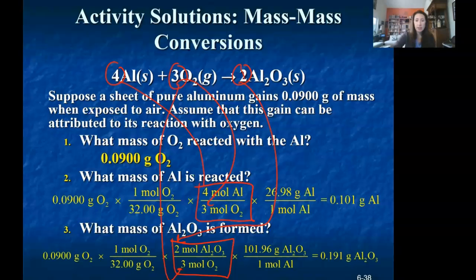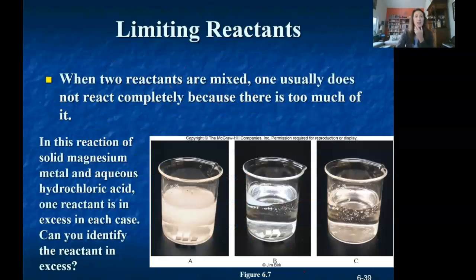If you ever look at that periodic table, you had to look at the periodic table to get that number. On the other side, it's always going to be 1 mole. And this, by the way, should be Al2O3 here. I'm not sure how I missed that, but okay. All right, so we're good on this. Any questions? All good?